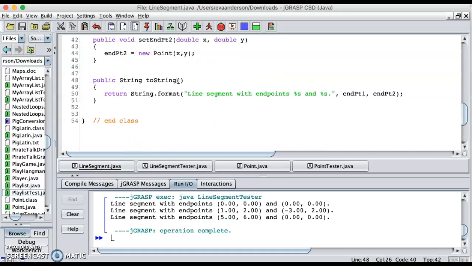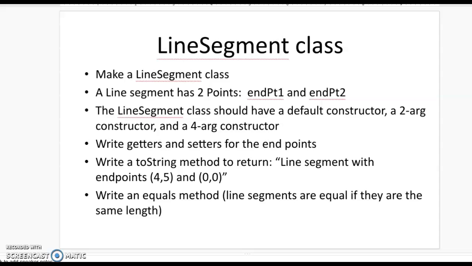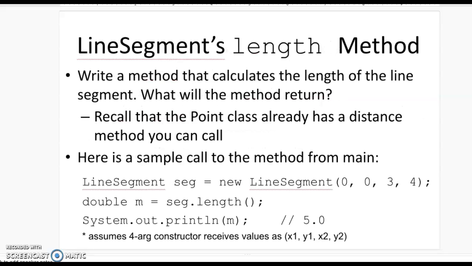To start with, we're going to do the length method for LineSegment, and here is a sample call of the length method. If we create a new line segment 0, 0, 3, 4, and the note says this assumes your constructor will put one endpoint at 0,0 and one endpoint at 3,4.